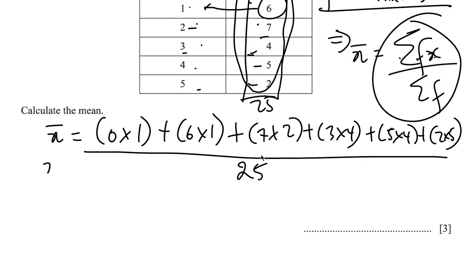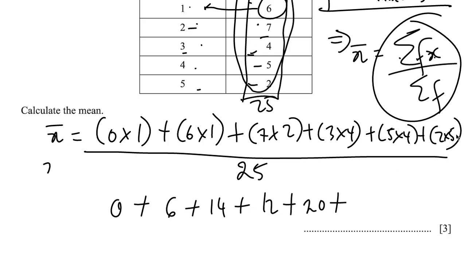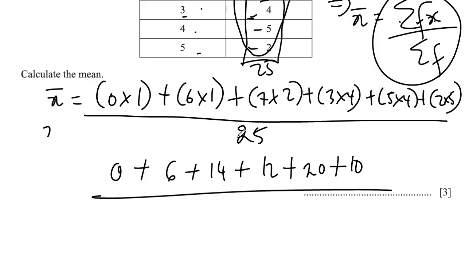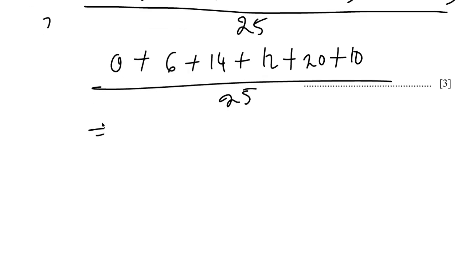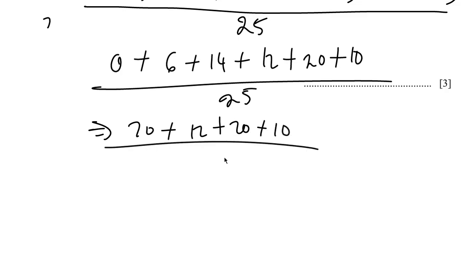So 0 times 1 is 0, plus 6 times 1, 6, plus 7 times 2, 14, plus 3 times 4, that's 12, plus 5 times 4, 20, and 2 times 5, that's 10. So 6 plus 14 is 20. So we have 20 plus 12 plus 20 plus 10 over 25.